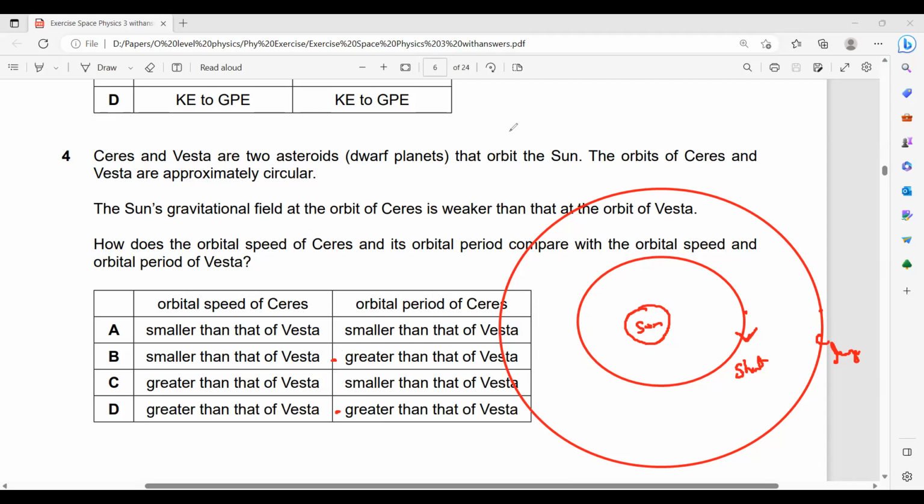Orbital period and orbital duration is the same thing. There's no difference between them. And when we talk about the orbital speeds, we have this table, which is important, so remember the comparison.